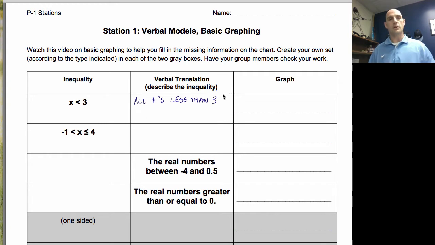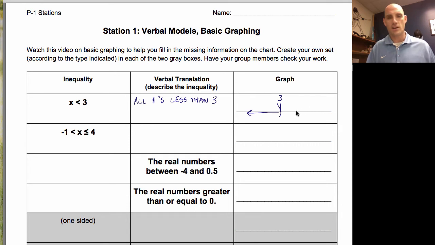When we're doing the graphs, we're going to do this in a very specific way. There's a couple of different ways to do this, but our goal for this section is to talk more about interval notation. So when we draw our graphs, we want to draw them kind of as an interval, and you're going to see that there are some upsides and some downsides, but it's really pretty straightforward. In this case, for the graph, my featured number is going to be 3, and if I want all the numbers that are less than that, I'm going to put an arrow going this way.